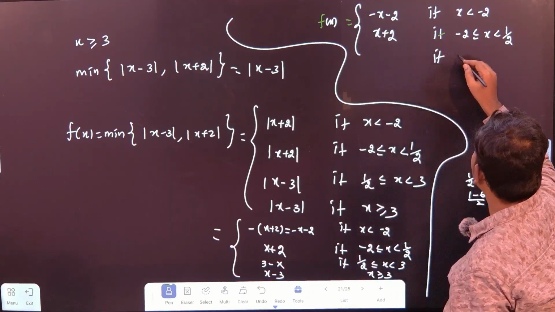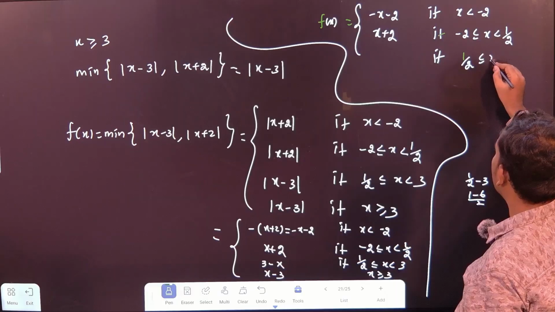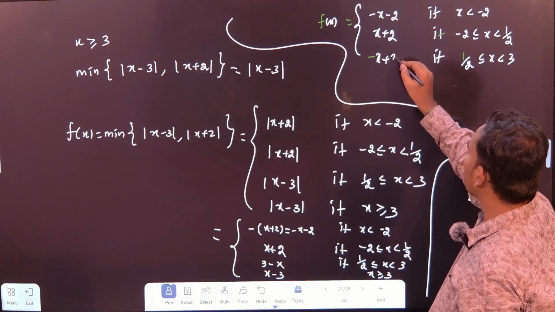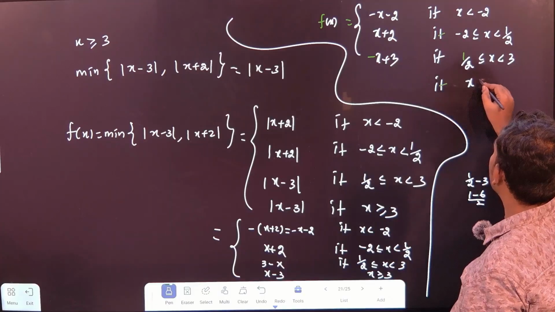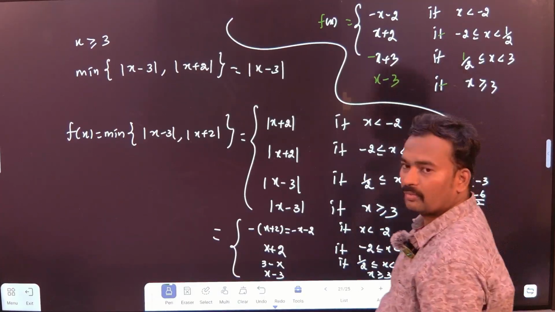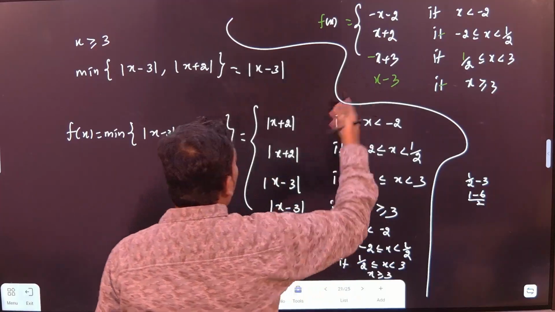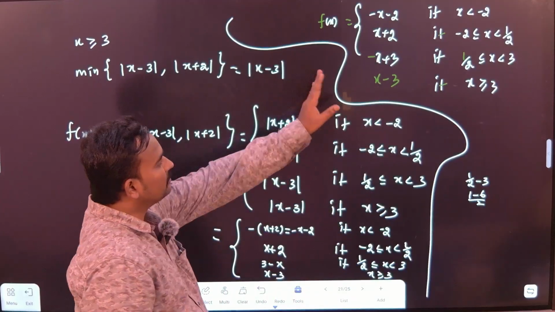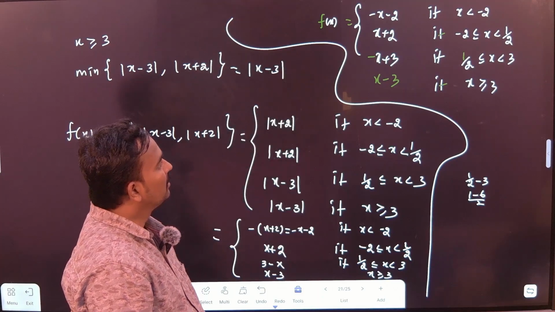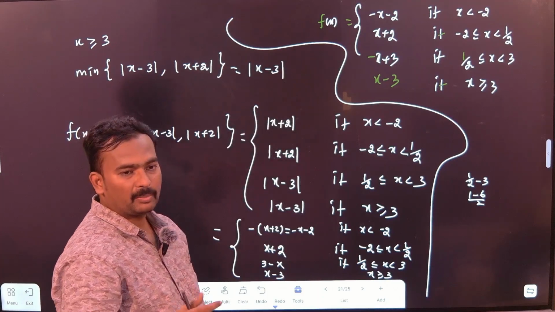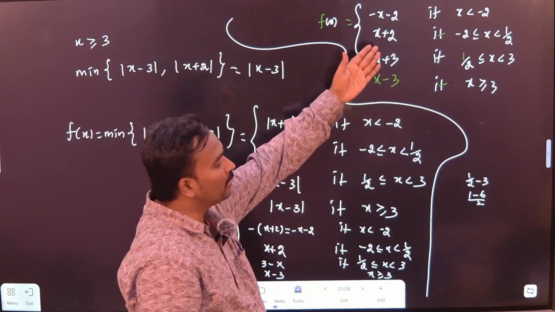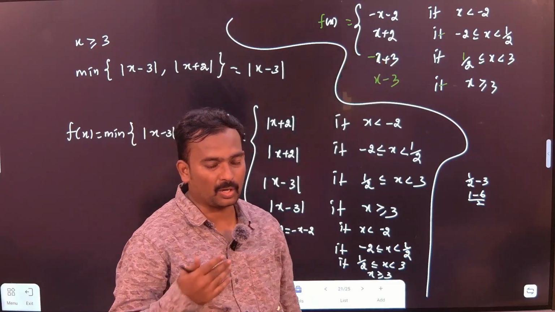If x is from 1 by 2 included to 3, it is -x + 3. If x is greater than or equal to 3, this is x - 3. This is your function. Using that, you can easily draw the diagram, right? I think you can do it, because it's linear functions only. You can easily draw it.